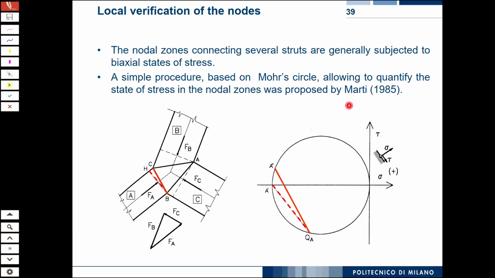We know that on the dashed line we have only one compressive stress, FA divided by the width of the strut, and there is no tensile stress transfer. So we draw the Mohr circle for that stress state: 0 stress in this direction, and this stress here, sigma A.